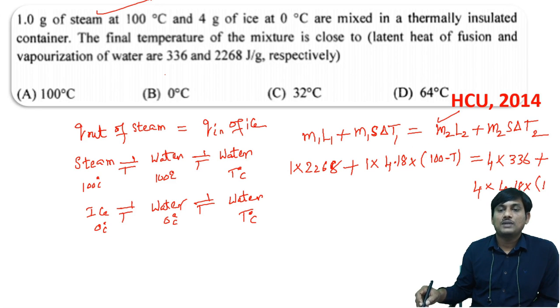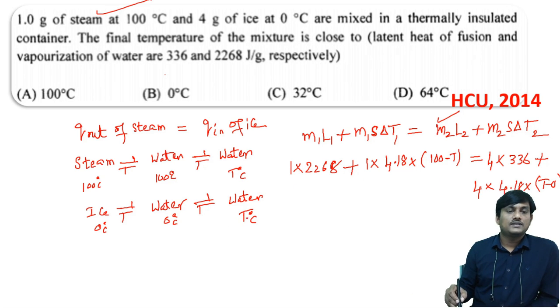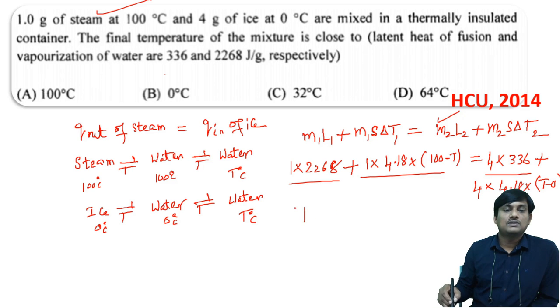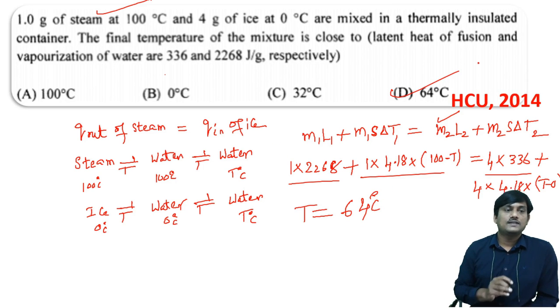It is T minus 0. This is the temperature of water and temperature of ice. When you solve this equation, you will get T equal to around 64 degree centigrade. Okay, this is the correct option.